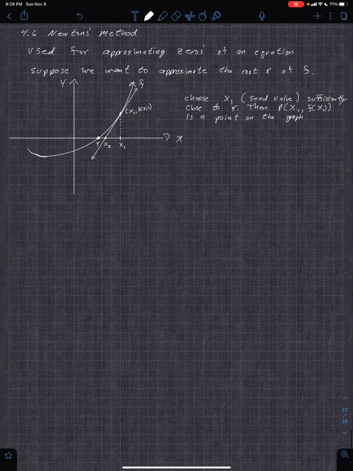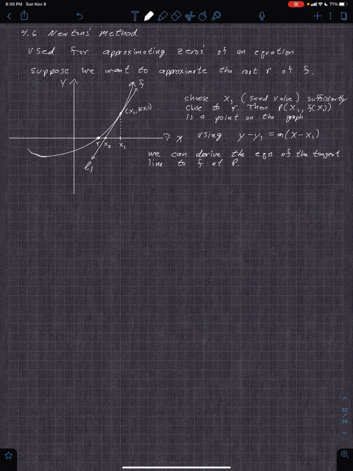Okay, so let's continue the derivation here. All right, so using y minus y1 equal to m times x minus x1, we can derive the equation of the tangent line to f at P. So our first line, we're going to call that line L1.